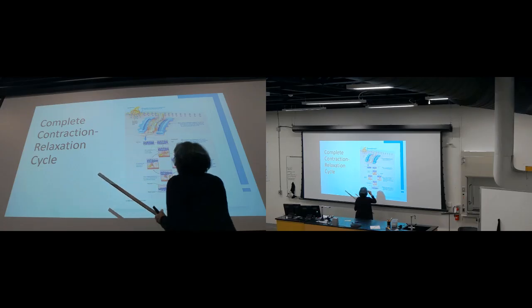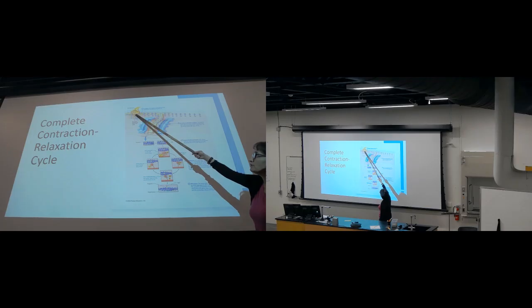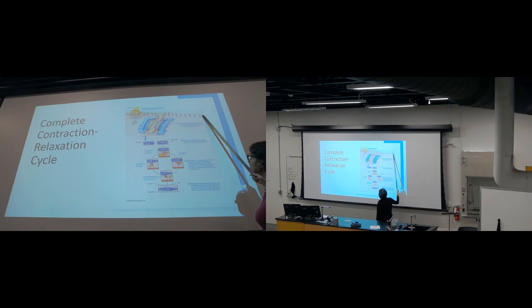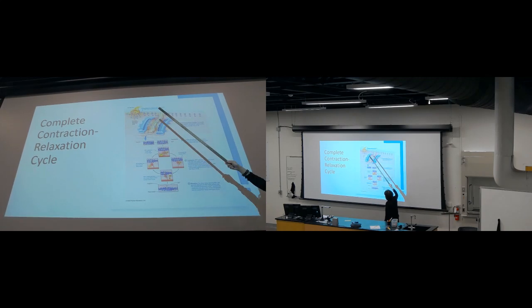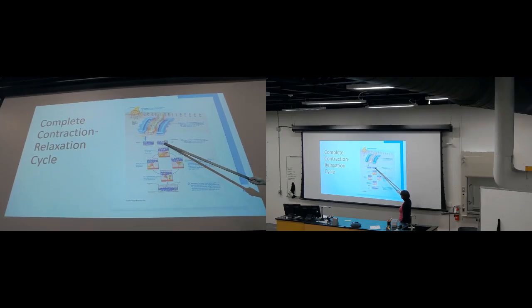So here is the complete cycle then. Release of acetylcholine, depolarization of the motor end plate, propagation of the action potential through the sarcolemma surface, and then deep into the T-tubule, opening of calcium channels in the sarcoplasmic reticulum, release of calcium, calcium binding to troponin, troponin helping for the removal of tropomyosin that is covering the actin binding sites or actin active sites.